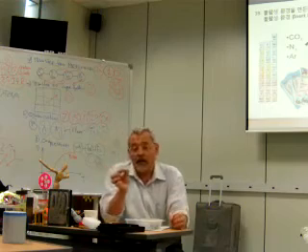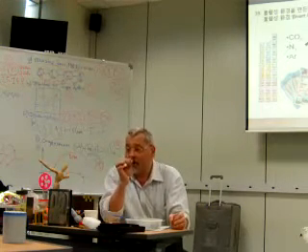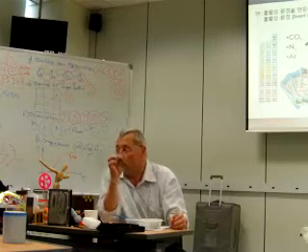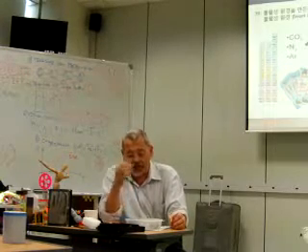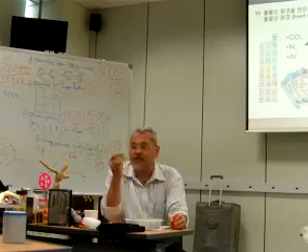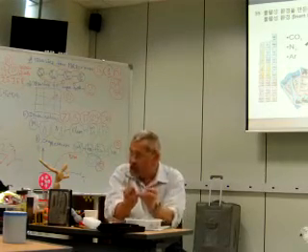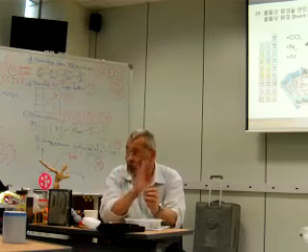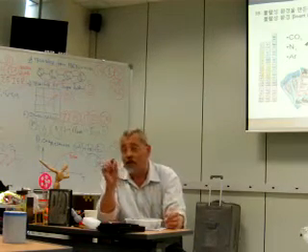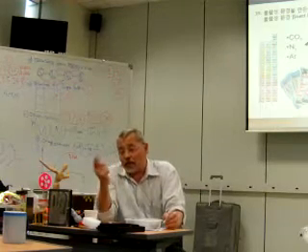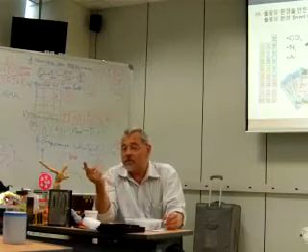Electronic equipment is afraid of moisture, afraid of fog, afraid of humidity, and there is a special substance. The name of this substance is silica gel. Silica gel can create a special atmosphere without moisture, without humidity for storage of electronic elements. And by the way, similar problem, similar solution.